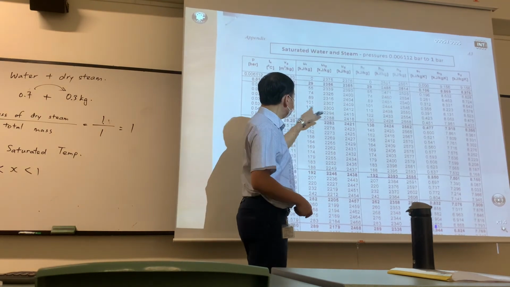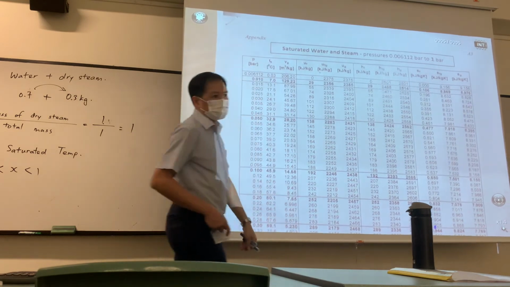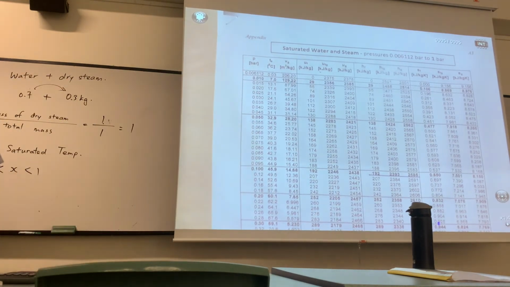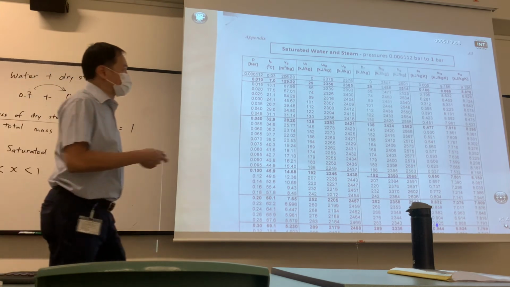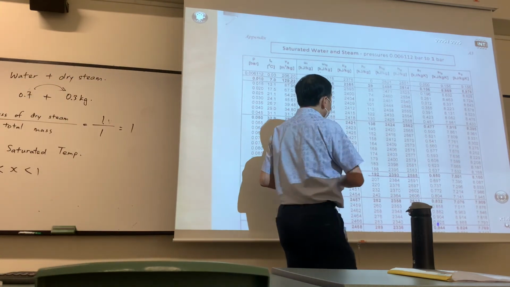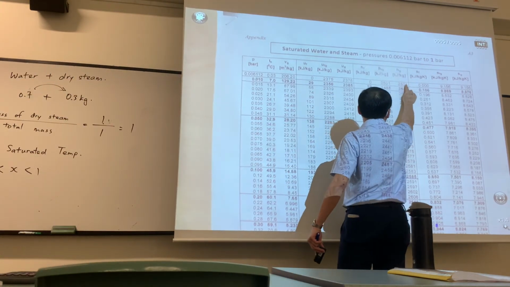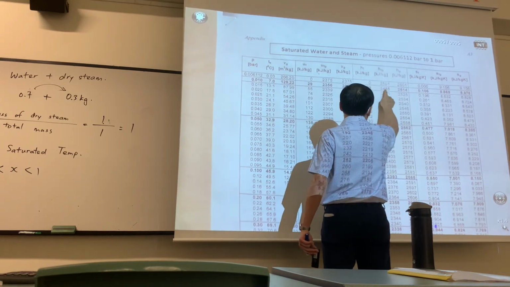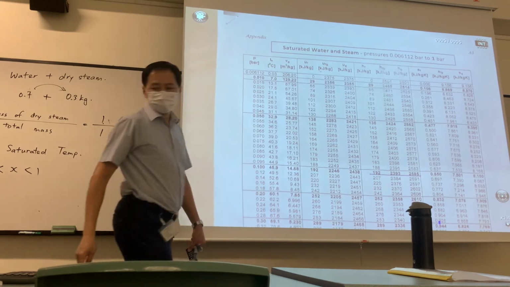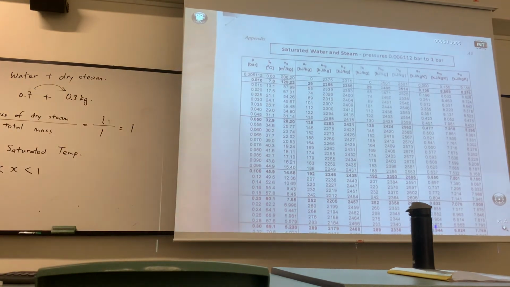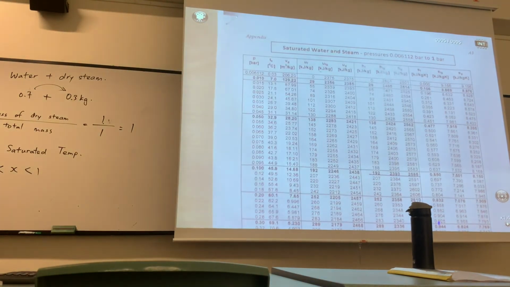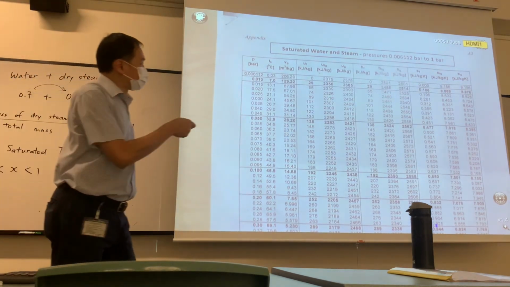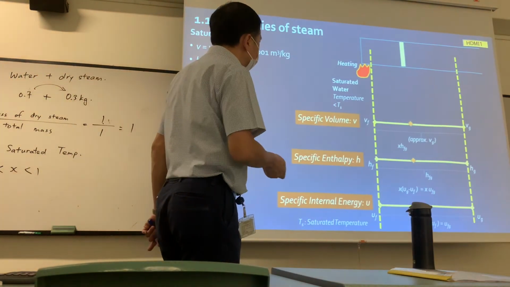The same for hfg also: you use hg minus hf, you get this value. So this is the meaning of ufg and hfg.